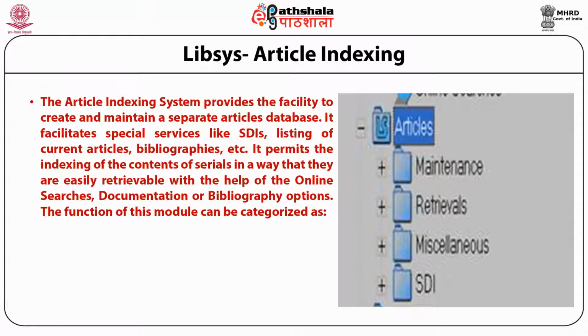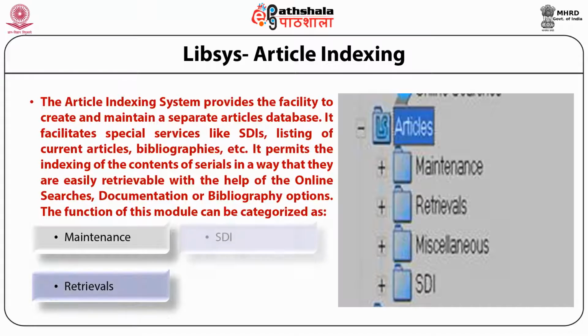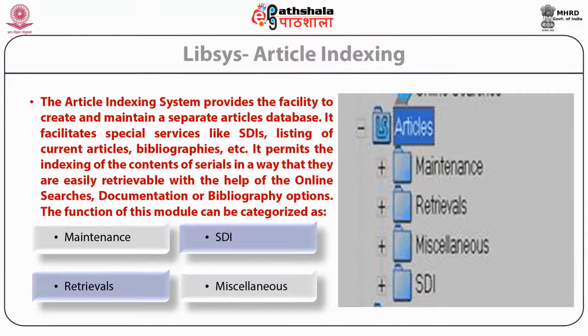It facilitates special services like SDI, which is selective dissemination of information, listing of current articles, bibliographies, etc. It permits the indexing of the contents of serials in a way that they are easily retrievable with the help of online searches, documentation, or bibliographic options. The function of this module includes maintenance, retrievals, SDI, and miscellaneous options.